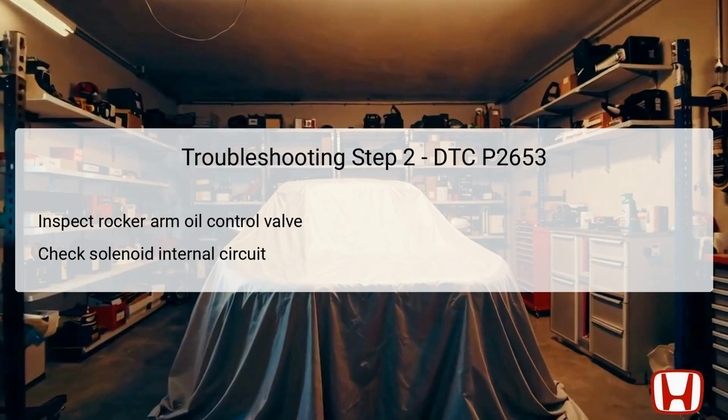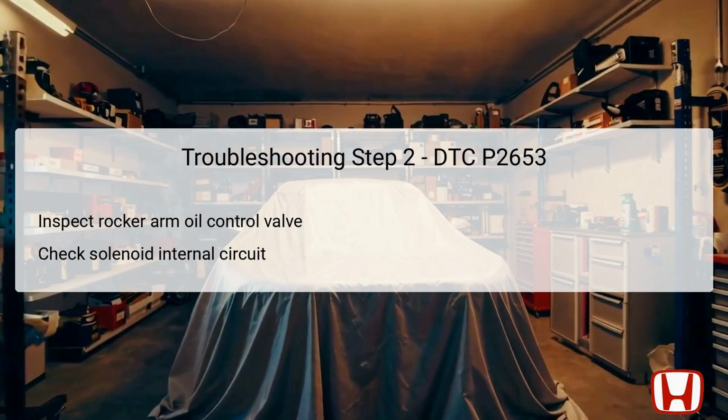The next step in troubleshooting the DTC P2653 involves inspecting the rocker arm oil control valve. This component is integral to the function of the rocker arm oil control solenoid, as it regulates oil flow to the rocker arms. With the rocker arm oil control solenoid connector disconnected, perform an inspection of the internal circuit of the solenoid.